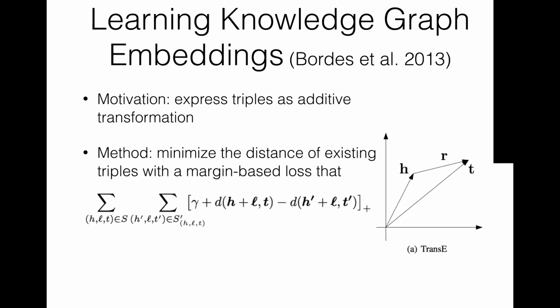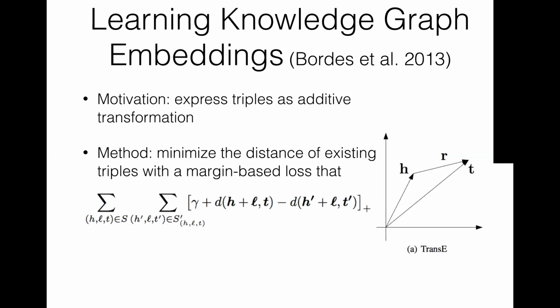How do you learn them? It's also pretty straightforward. Basically, you want the distance between the additive transformation, head plus relation, and the target entity to be closer if that triple actually exists, and to be further if that triple doesn't exist.